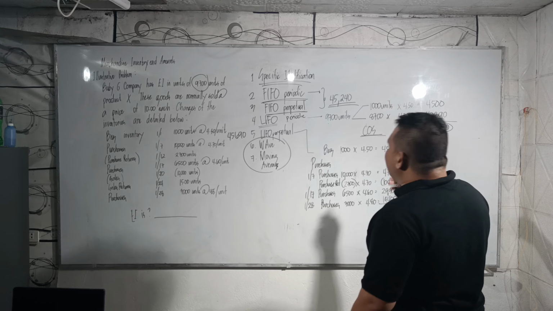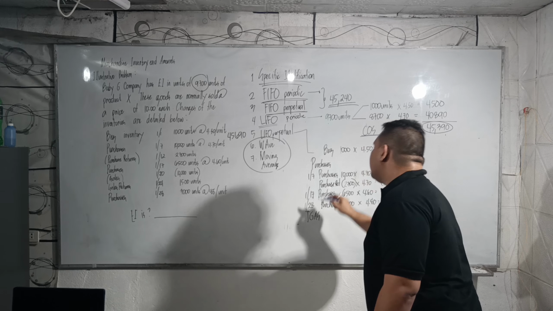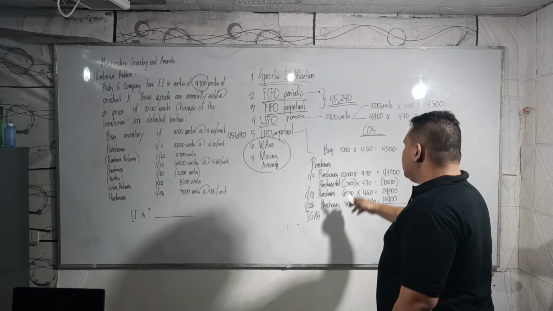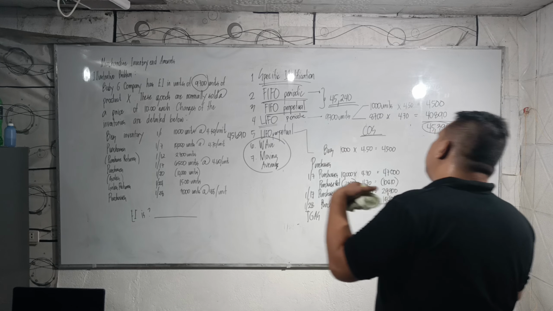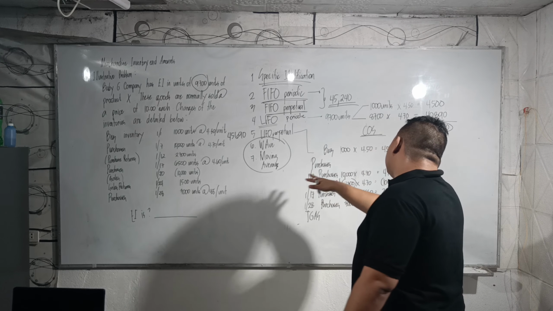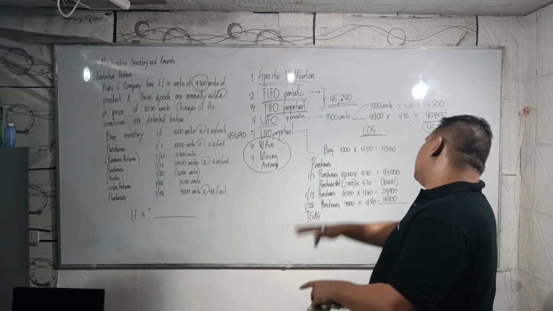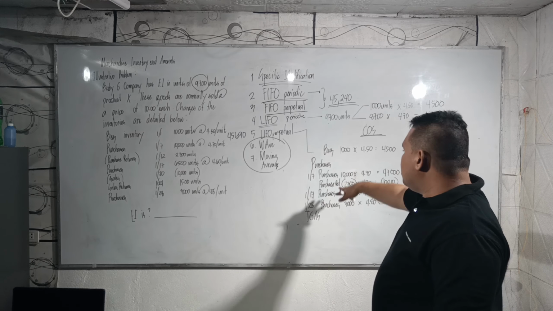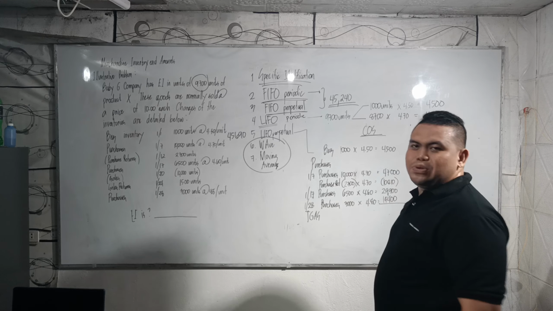So, it really is a computation only of the cost of sales, whereby beginning inventory plus purchases equals total goods available for sale. But in our past discussion, the gross purchases is only one line item, and the purchase returns and allowances is only one line item. That is the difference, because purchases here has three groups already.